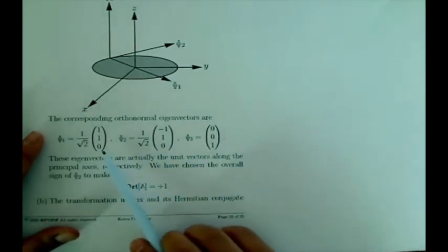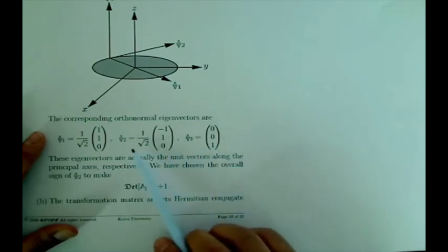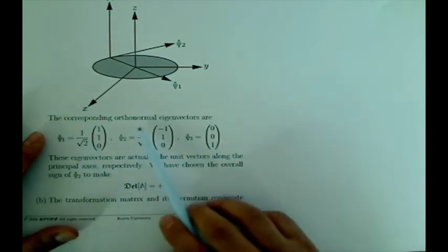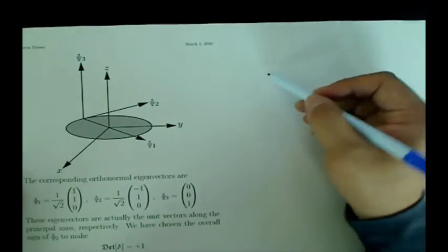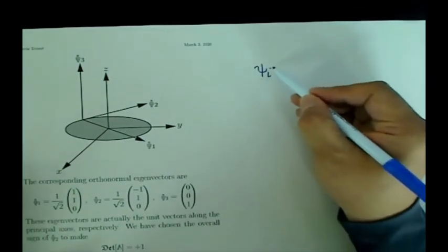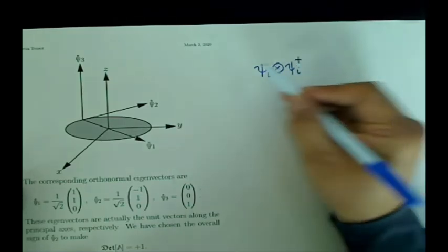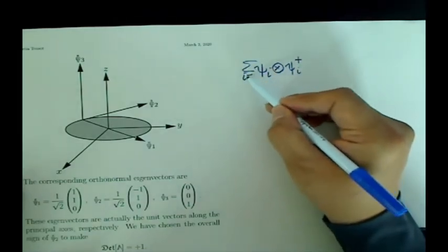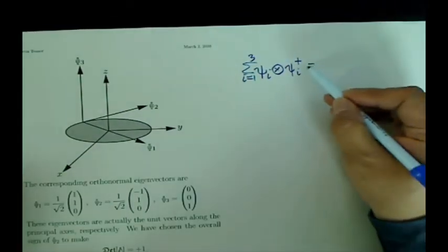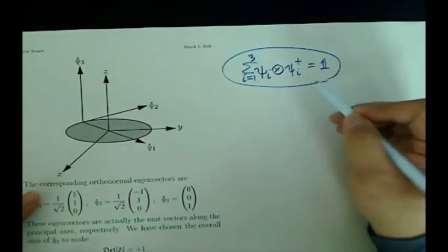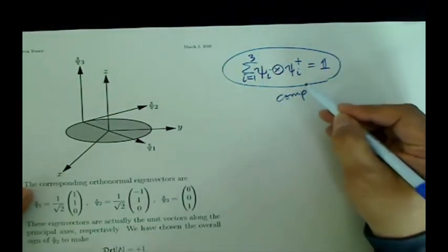All three eigenvectors are orthogonal, and if we choose the unit normalization, you will find the completeness relation: psi I, direct product with psi I dagger, summed over I, is the identity matrix. This is the completeness relation.